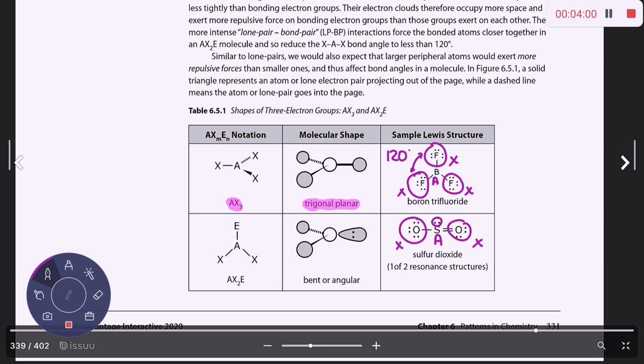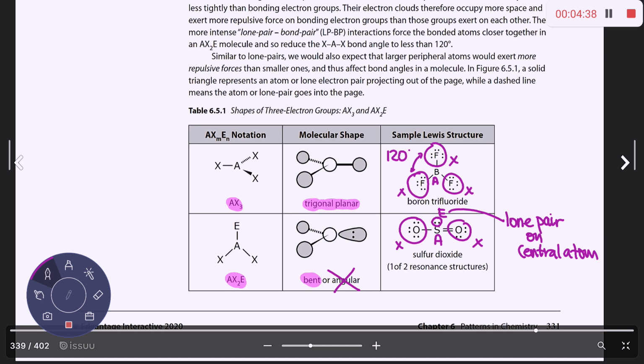This is your introduction to an E. An E is a lone pair of electrons on a central atom only. Don't get carried away and start identifying all the electron pairs on the Lewis structure. Focus on lone pairs on the central atom only because they will repel the other bonded groups. So here my designation is AX2E. Anytime it's AX2E, it's a bent shape. I'm never going to mention that it's angular.